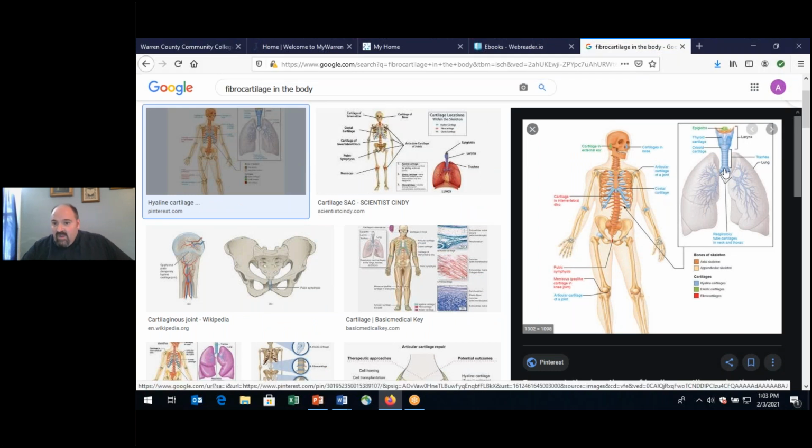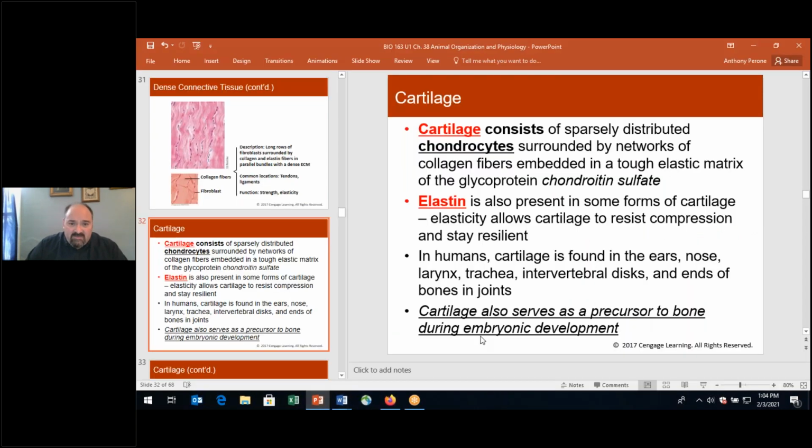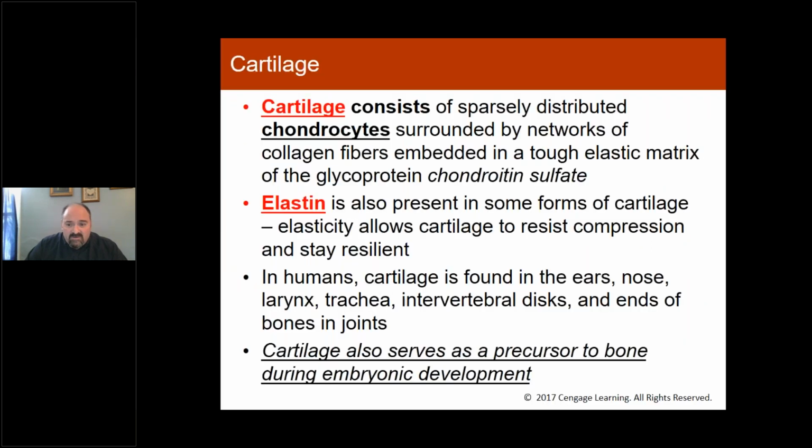And then everything else, folks, would be what's called hyaline cartilage. So cartilage, there's 3 different types, and they're present throughout the body. Fascinating, really amazing what it can do. And I want to point out to you where it says here about cartilage, that cartilage also serves as a precursor to bone during embryonic development.